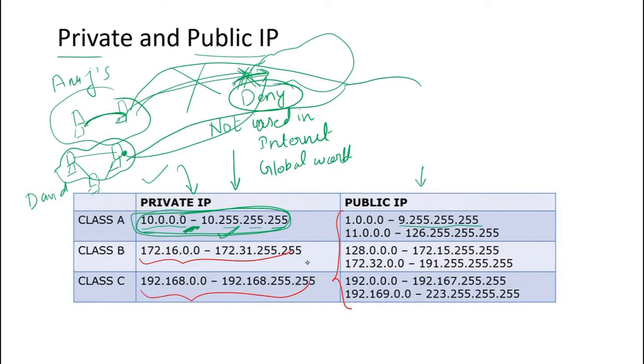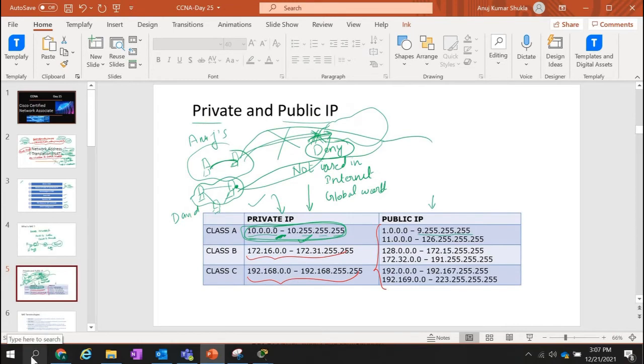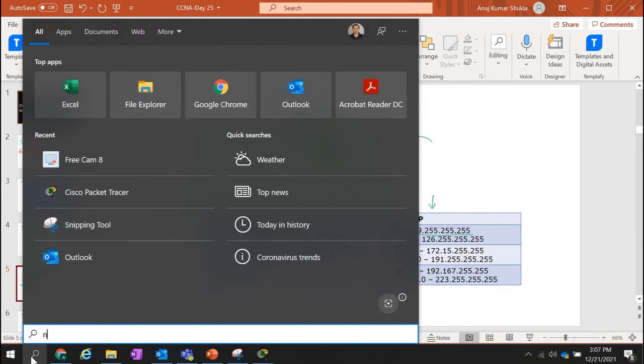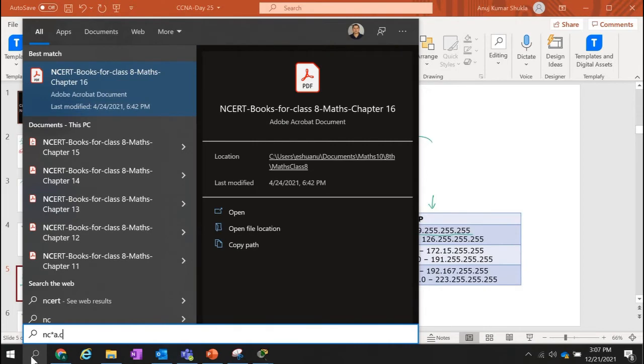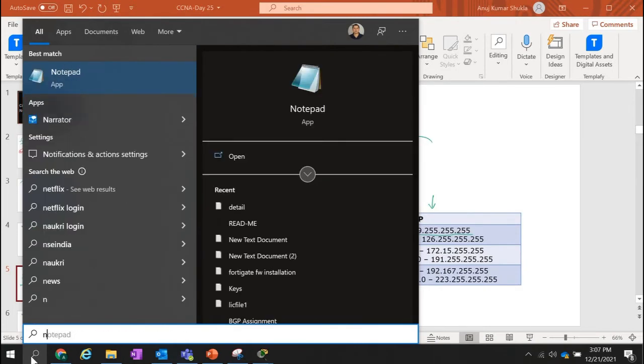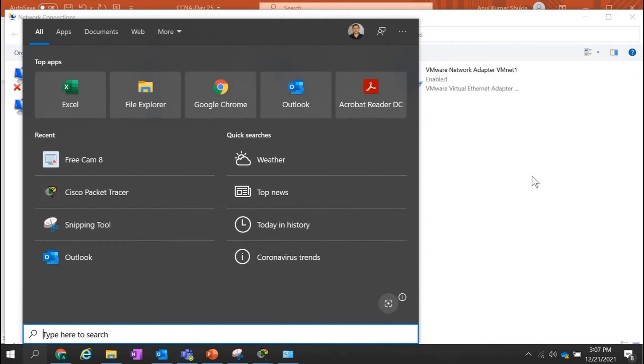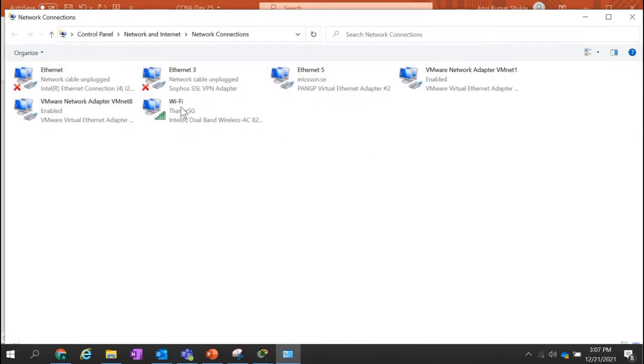I just want to show you the IP address of my machine. ncpa.cpl. This is my Wi-Fi.